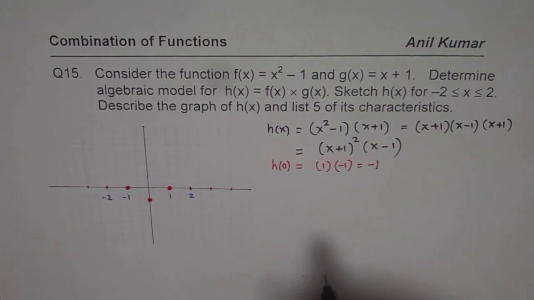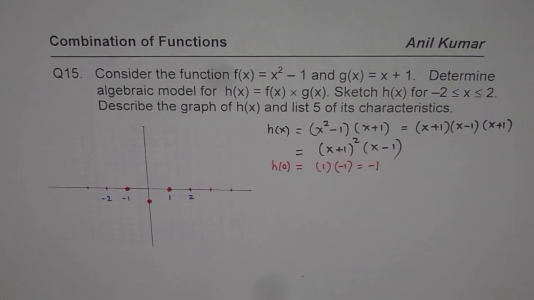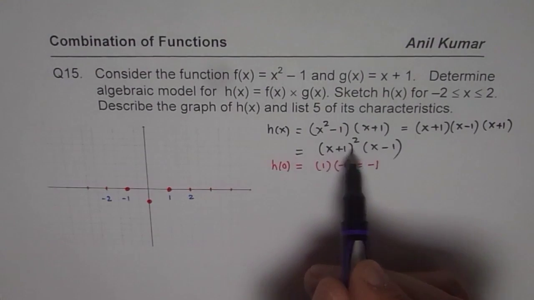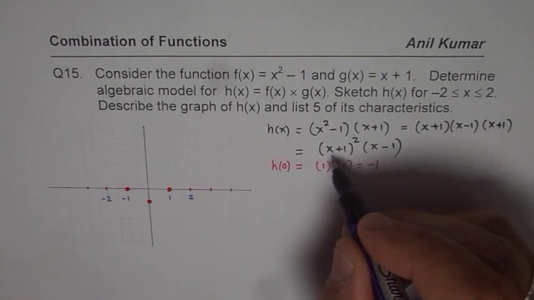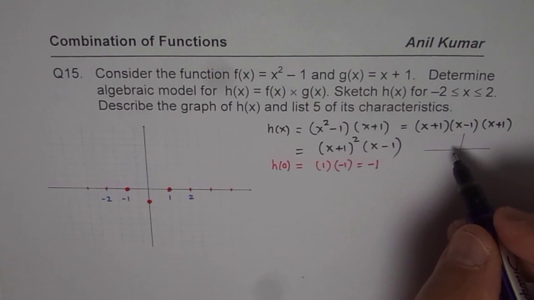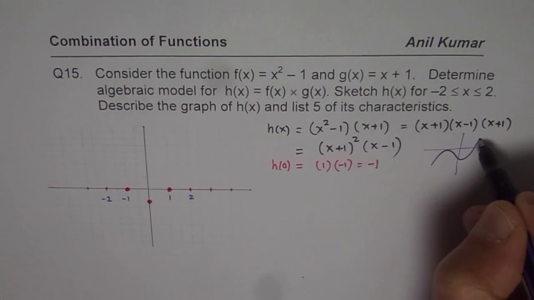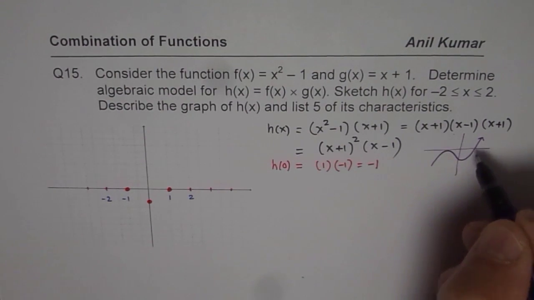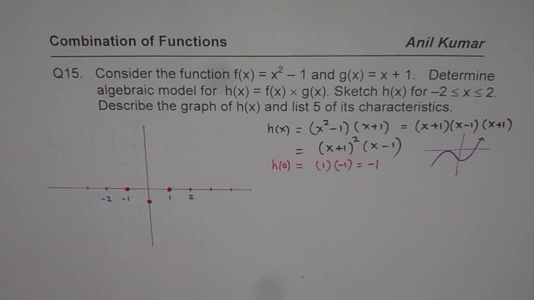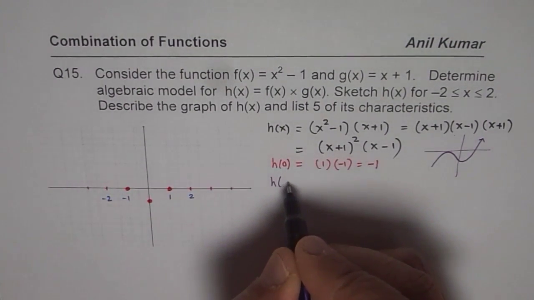Okay. Now the end behavior of this is, it's a cubic function, correct? Positive leading coefficient. So the graph actually will be kind of, let me just sketch a rough one here. So it turns from here, continues and goes like this. That is the kind of graph which we are expecting here. So let's find the value at 2 also and minus 2 also.